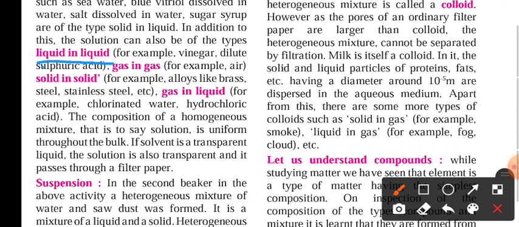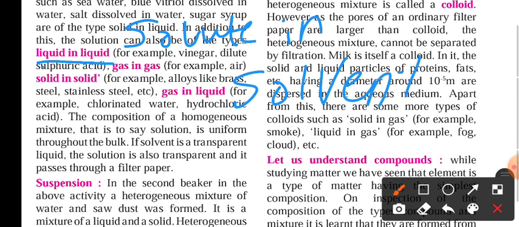This way of writing is nothing but solute in solvent. Solute in solvent, always keep in mind. So if I'm saying liquid in liquid, it means the solute is liquid and the solvent is liquid. If I'm saying solid in liquid, it means the solute is solid and the solvent is liquid.